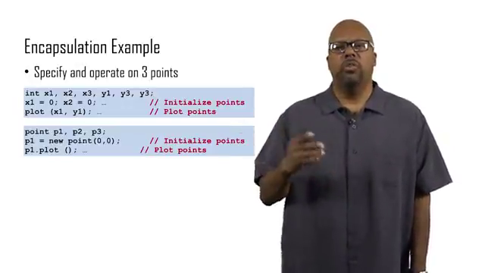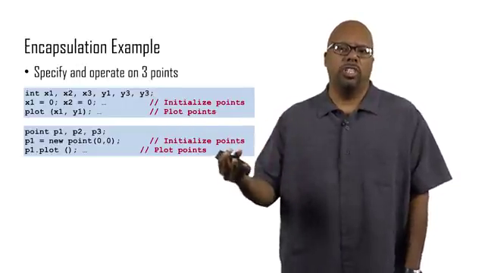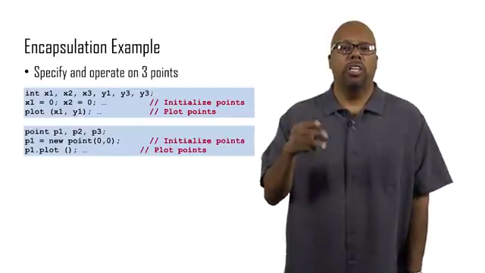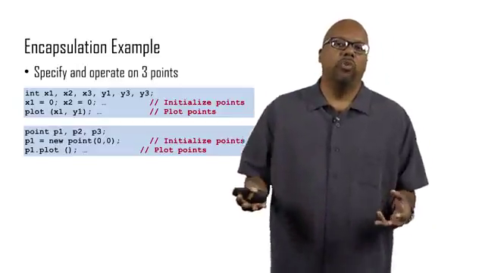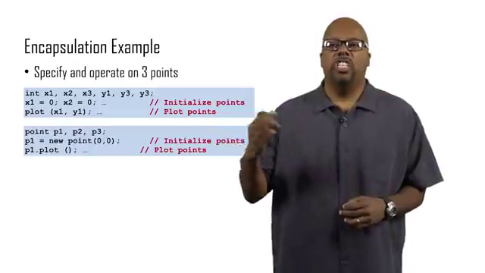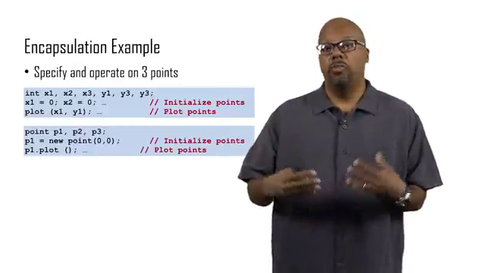There I say p1 equals new point 0, 0. New is a function that creates a new object of any particular class. So that actually initializes p1, p2 and p3. You'd make a new point, and 0, 0, the arguments, will become the x and the y values for this point. So I initialize that, and then I call a function called p1.plot in order to plot the point.